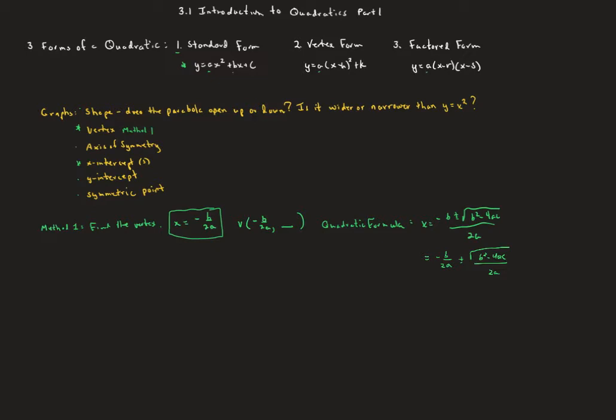My claim is that our two x-intercepts, where our parabola crosses the x-axis, are going to be this distance added to negative b over 2a, and this distance subtracted from negative b over 2a. So if this is wherever our negative b over 2a is, then our x-intercepts are going to be this distance to the right when we add the square root of b squared minus 4ac all over 2a, and whatever that distance is to the left.